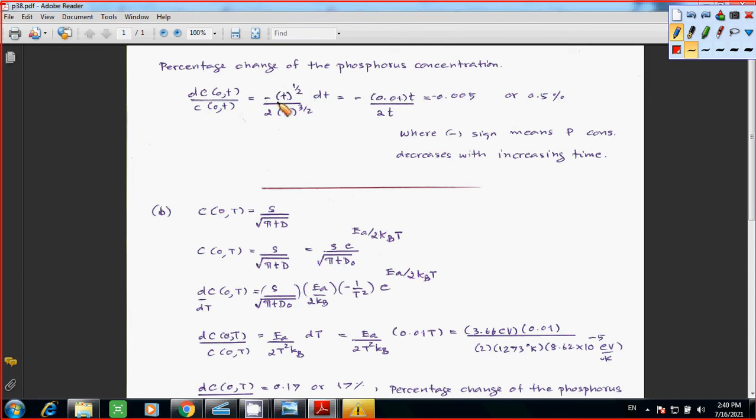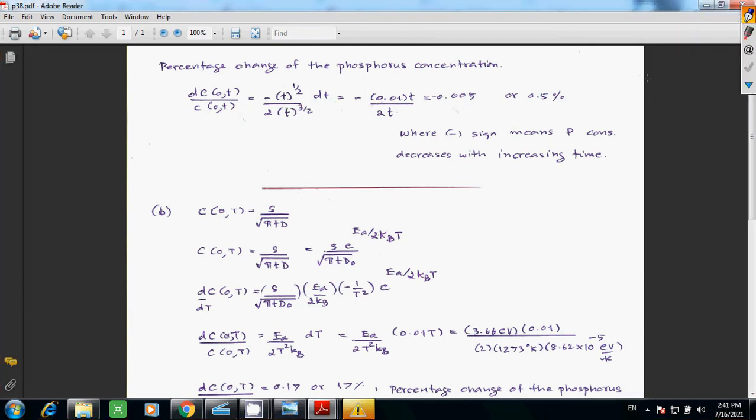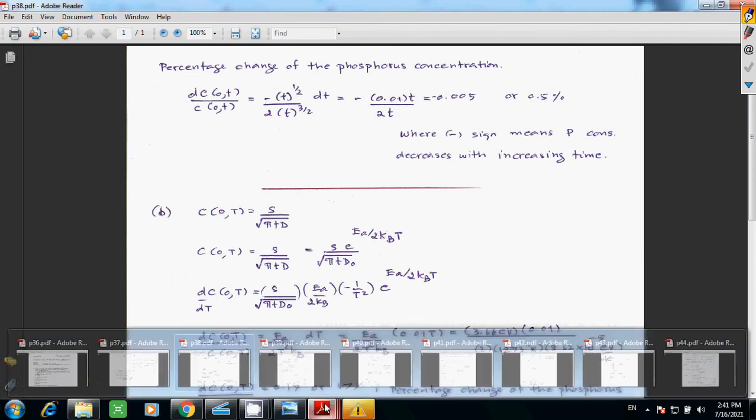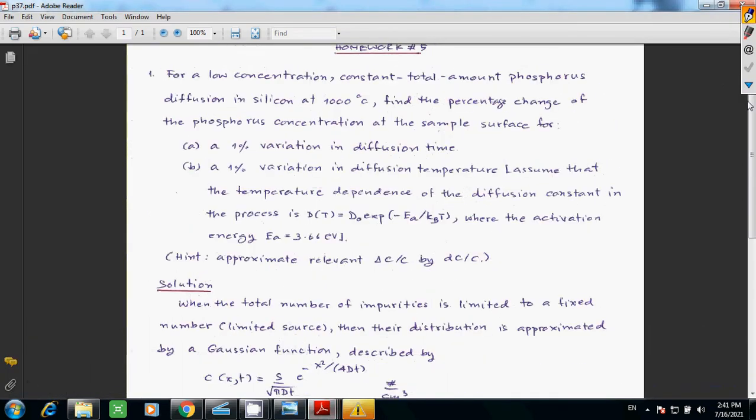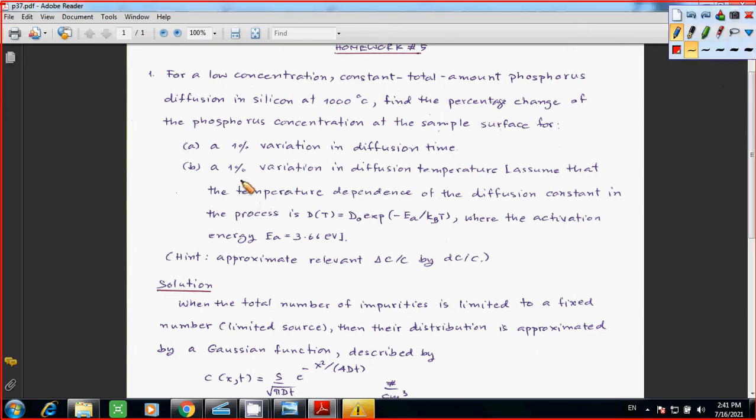Now for the time, let's get back to the previous page. A 1% variation in diffusion time.